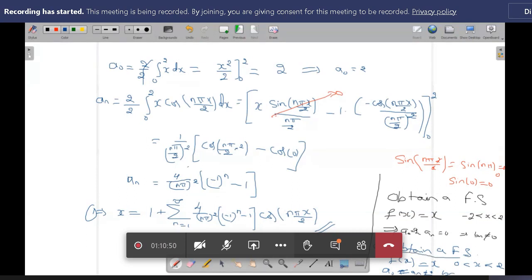Look at the question and range. If you look at the question and range, you can decide what we are doing. In the interval 0 to 2, if I ask you to find a Fourier series, not a half-range series, then it is a full range Fourier series.